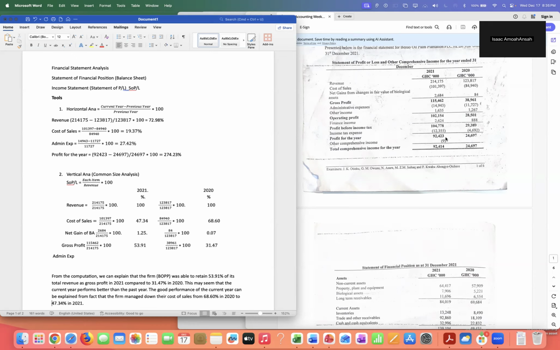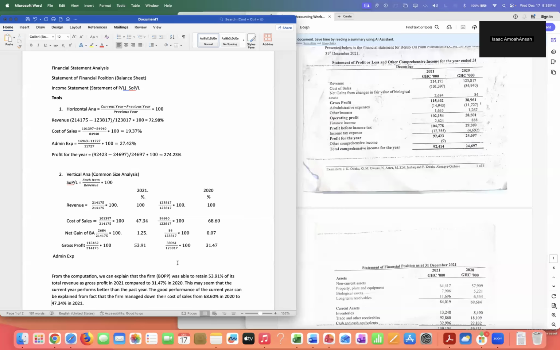It could even mean that 2020 performed better than 2021, even though for gross profit percentage, we are seeing a better performance in 2021. But after going through everything, maybe things can change, right? You can have a better look at the firm's performance and the other things that contribute to good performance or otherwise. So that is what we have.